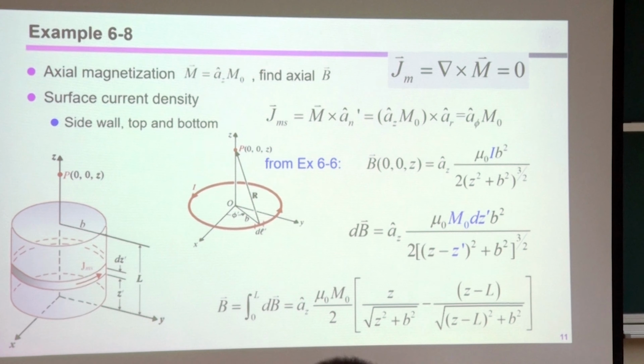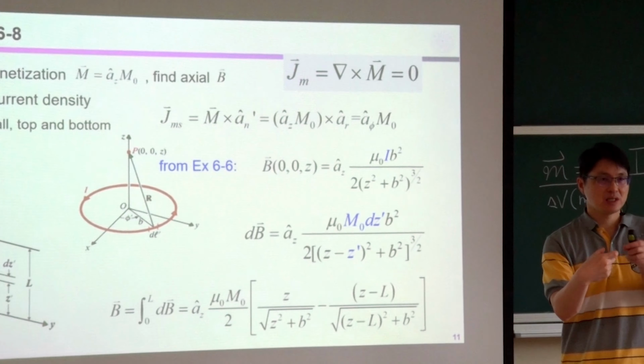Once you have magnetic materials, you have the ability to create lots and lots of magnetic dipole moments. But if you have a uniform magnetic material, inside of it, you don't really have net current because the currents will be cancelled out by adjacent loops. So you only have the surface current.